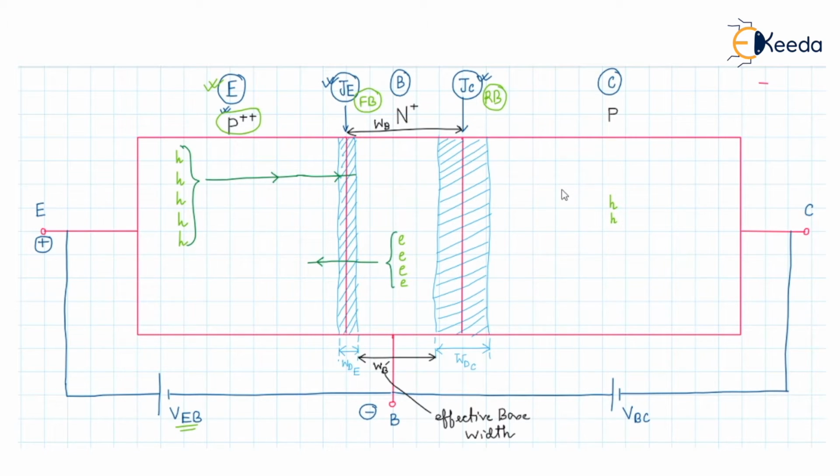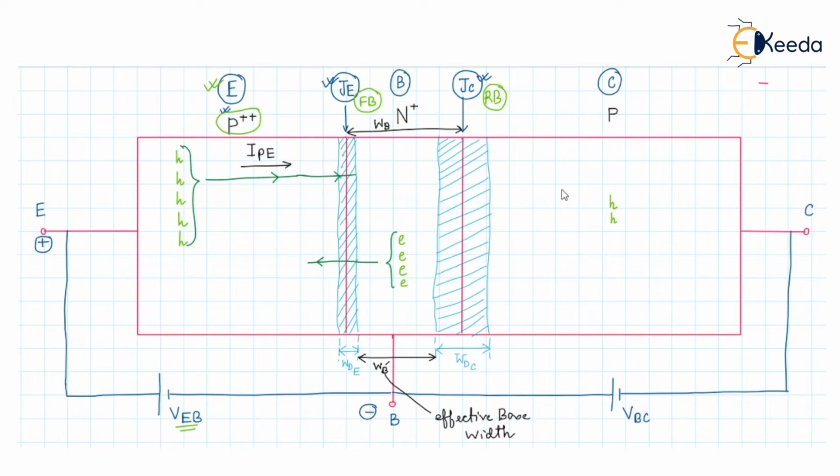So let us denote the current for these holes which are moving from the emitter region to the base region. It will produce a current inside the emitter, and let us denote this current as IPE. So IPE is the current component due to the holes moving from the emitter region to the base region and producing a current inside the emitter.